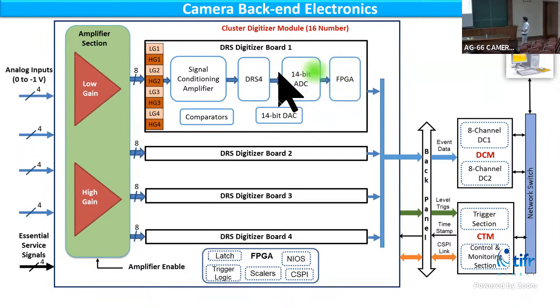An FPGA is used on this board for overall control and managing the digitization operations. 4 such DRS-based digitizer boards are there in a cluster digitizer module, and on the motherboard there is an FPGA where we record the latch information and various trigger rates, and the trigger logic for this cluster of 16 pixels is implemented. Such 16 modules are connected to the common data concentrator module and control and trigger module via the backplane.